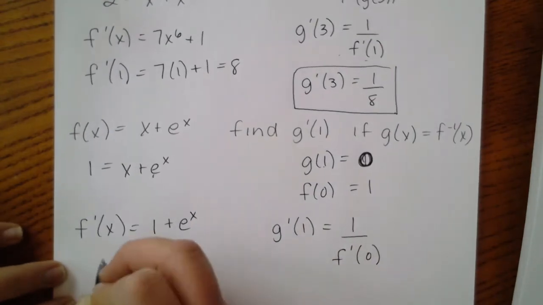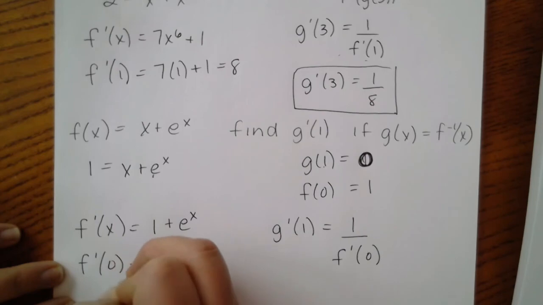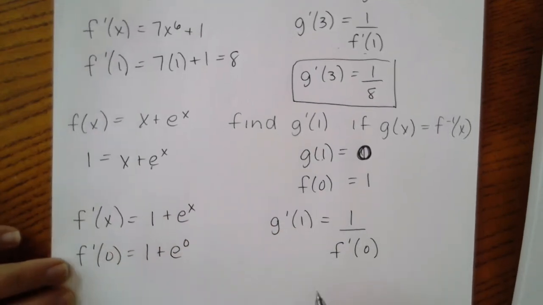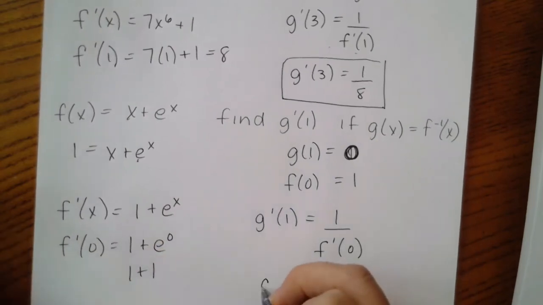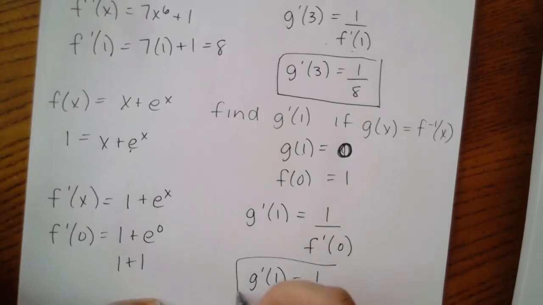So I have 1 plus e to the x. If I plug in 0, f prime of 0 is 1 plus e to the 0. e to the 0 is 1, so I get 1 plus 1. And so g prime of 1 is equal to 1 over 2. And that is my answer.